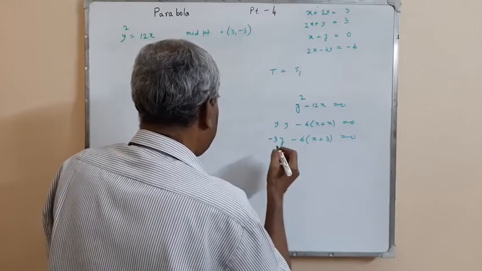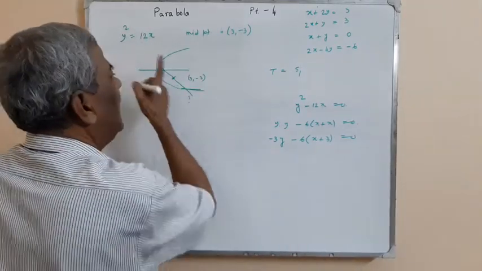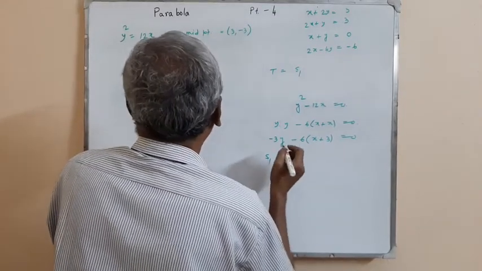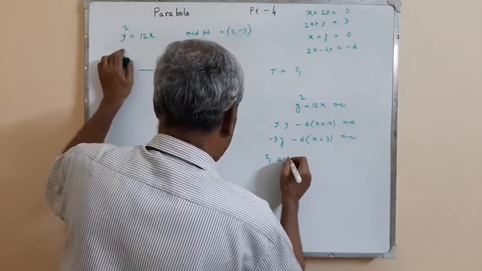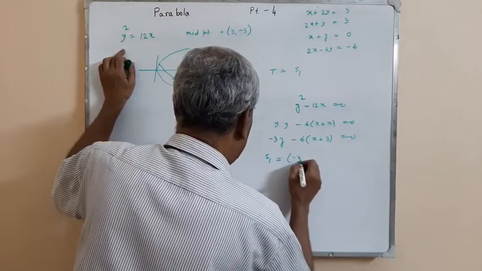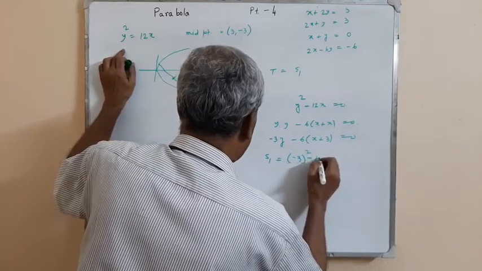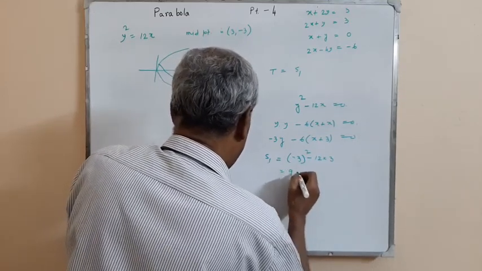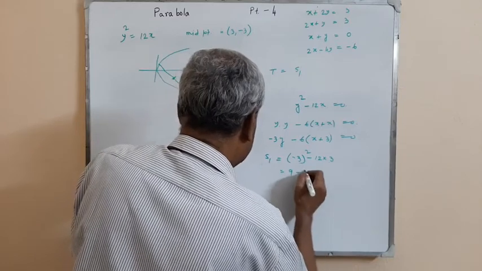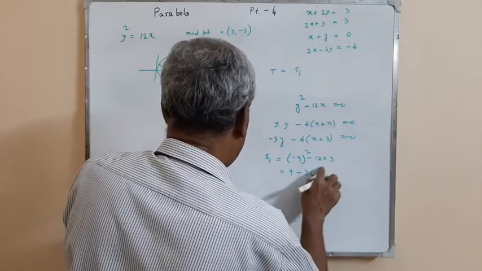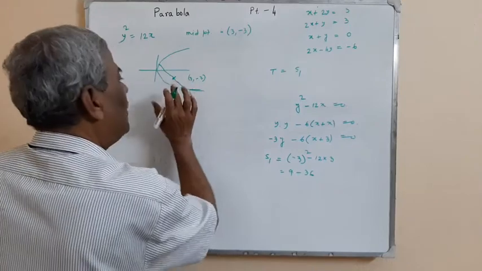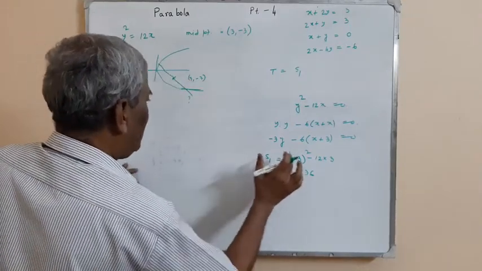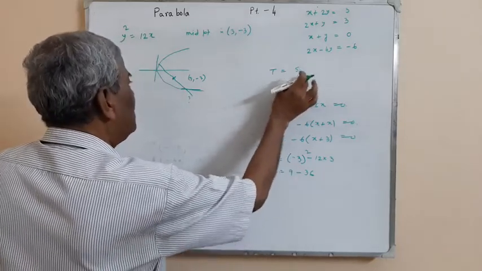So that we get, and what is S1? S1 is y squared, meaning minus 3 whole square, minus 12 into 3, that is 9 minus 36. So the equation of the chord whose midpoint is this is T equals S1.